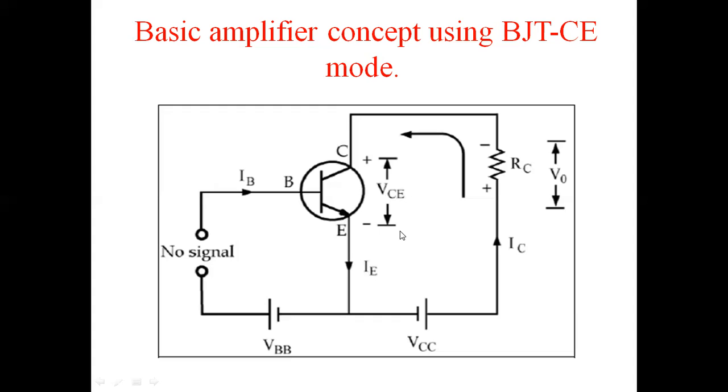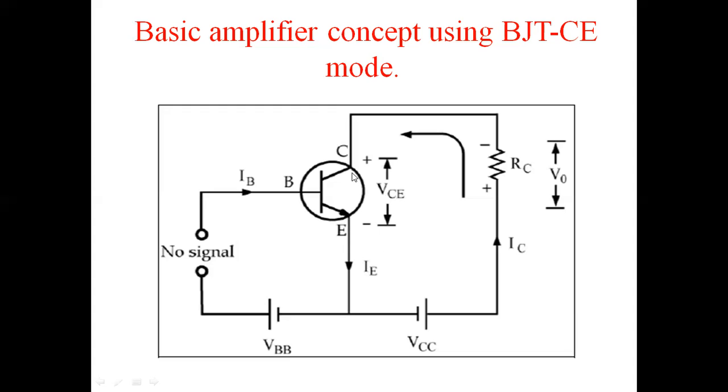If you observe this circuit diagram, the region between base and emitter is known as the base emitter junction. Here it is forward biased. According to our requirement, the transistor should be operated in the active region.